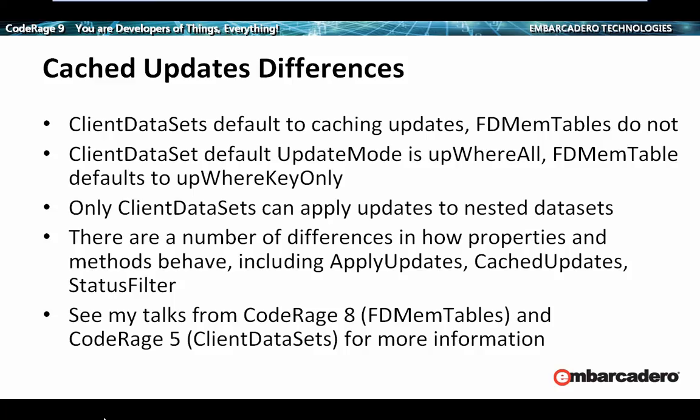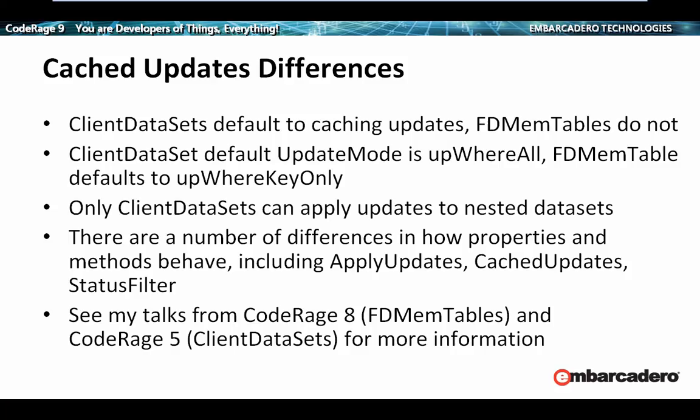Now, another big change, and this is something you need to be aware of when you're designing your applications, is while the client dataset defaults to an update mode of up where all, and by the way, that update mode is actually a property of the dataset provider, the FDMemTable defaults to update where key only. And there's a critical difference between these two settings.